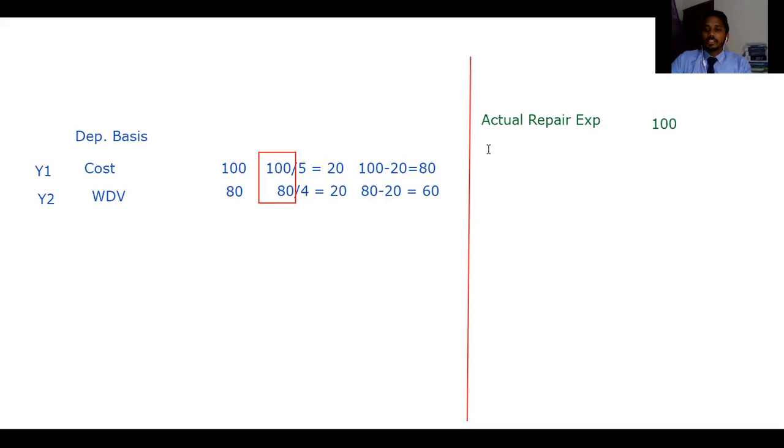So we need to determine the WDV of the previous year. The examiner will give you the WDV of the previous year if they want to test this section 14 adjustment. Let's say the examiner has given the WDV of the previous year, prior year, let's say 200.